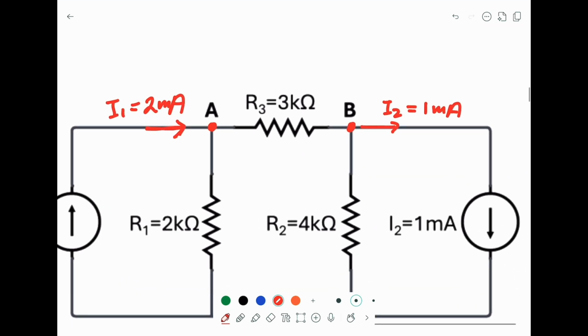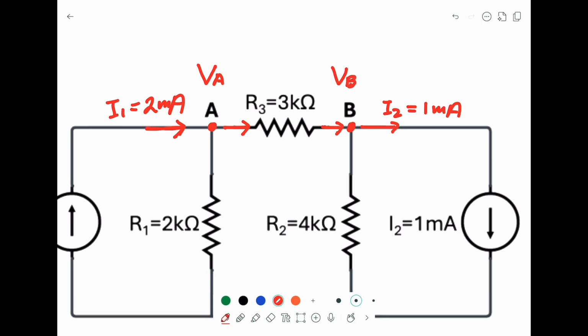So it is clear now the current at A will flow into R3 from A to B. We can assume VA, the potential at node A, is bigger than VB.